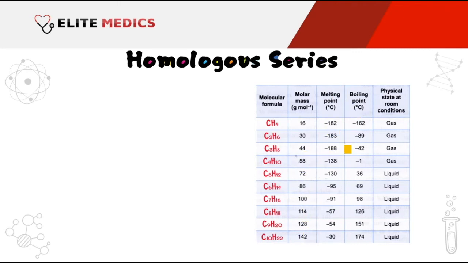The melting point and boiling points are also increasing, and they are changing states from gas to liquid. So where C10 is a liquid at room temperature, CH4 is a gas at room temperature. This is simply because the larger the molecular formula, the more hydrogens and carbons present, the stronger the intermolecular forces, the harder it is to break them apart, and hence we need more energy to do so.